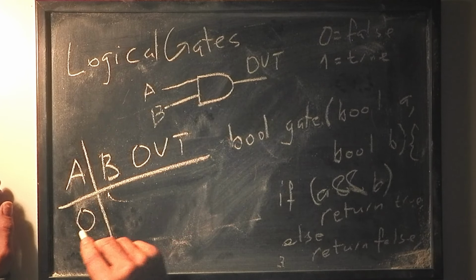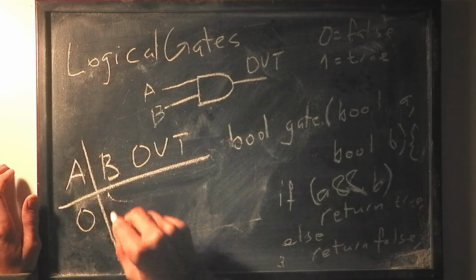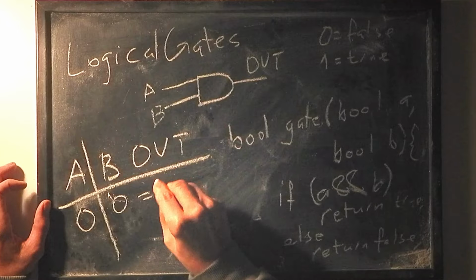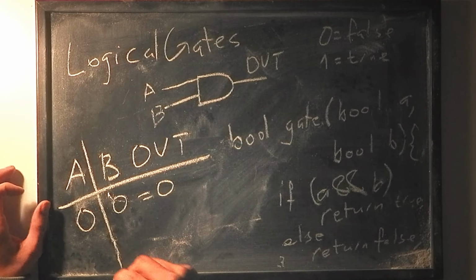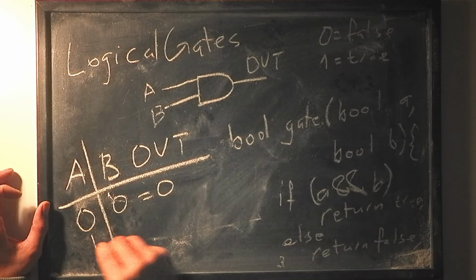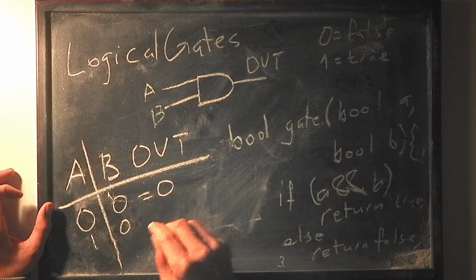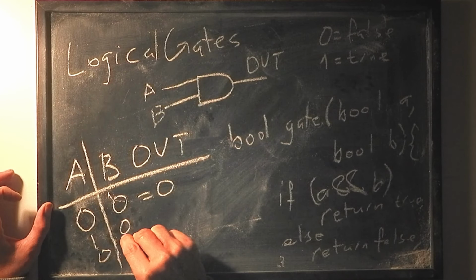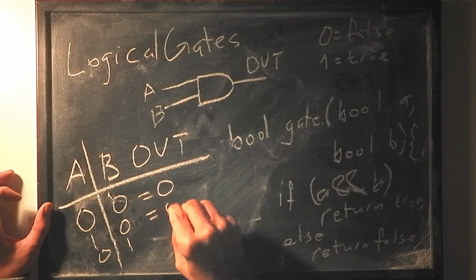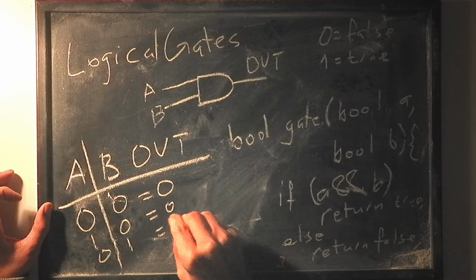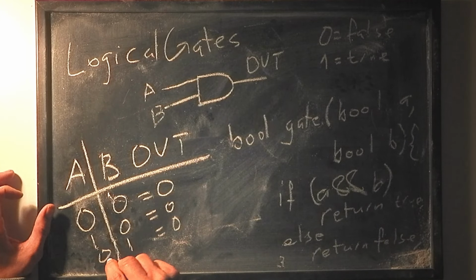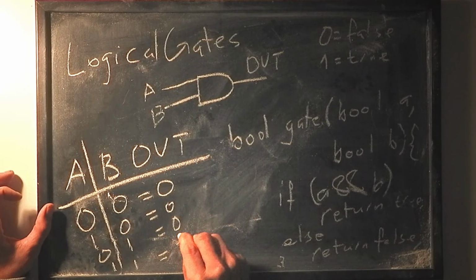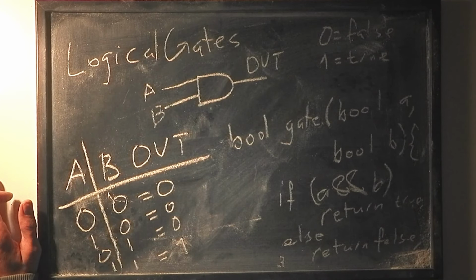Alright, so if A is 0 and B is 0, that means that the out is 0. If A is 1 and B is 0, or if A is 0 and B is 1, the result is still 0, right? But if both these are 1s, then the result will be 1.